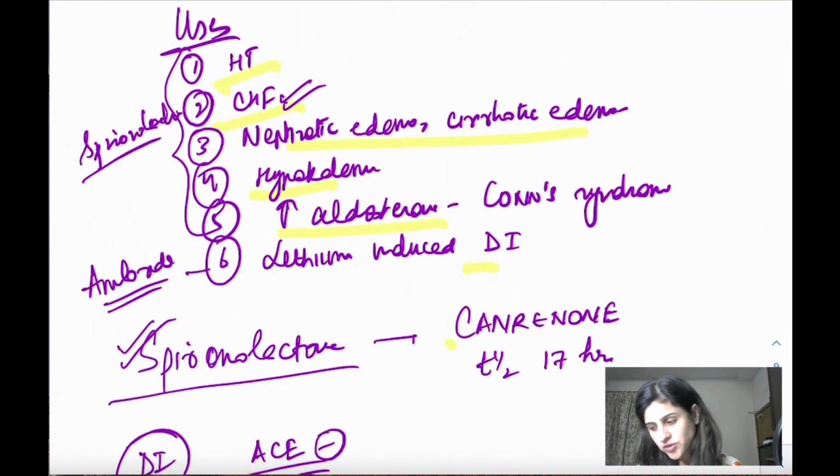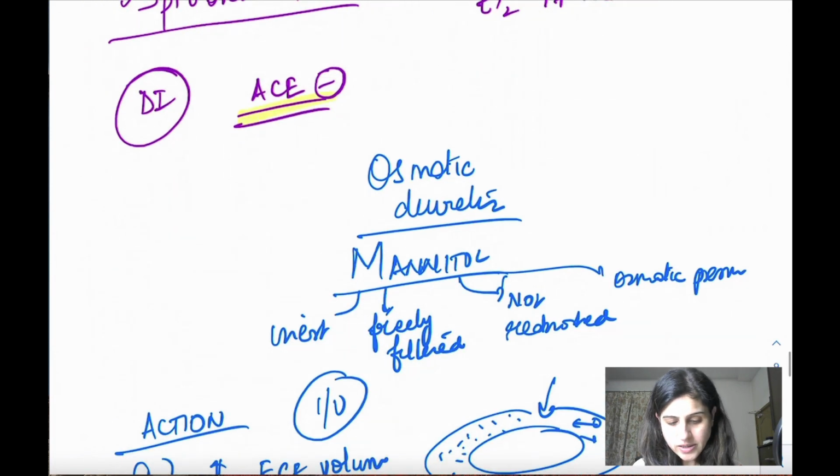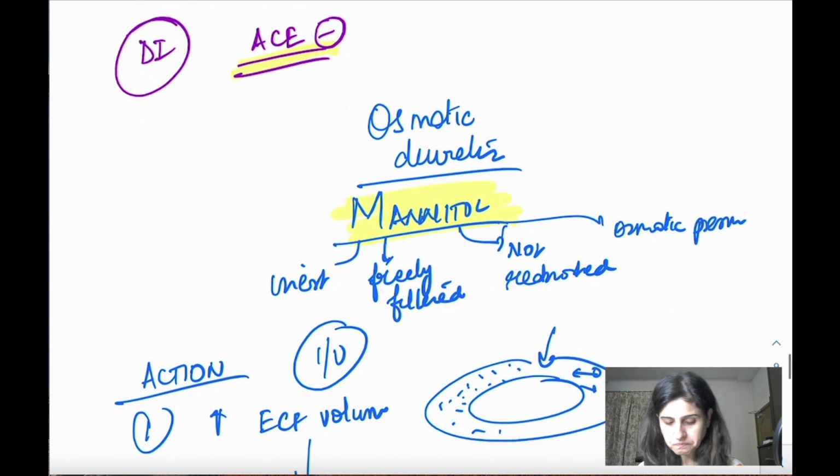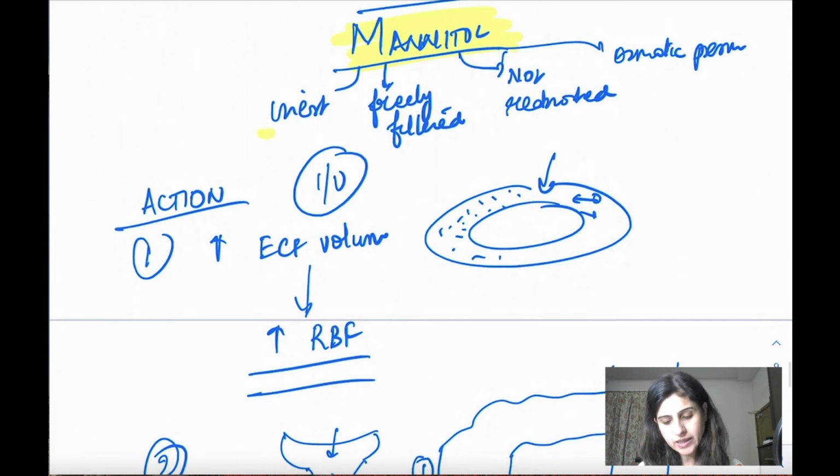Another important question asked in the MCQs, the metabolite of spironolactone is canrenone. Contraindicated, rather not contraindicated, we can say that should they be used or not, and the best option usually होता है कि they are not used together, not preferred to be used together. Osmotic diuretics is mannitol, and mannitol is an inert one.